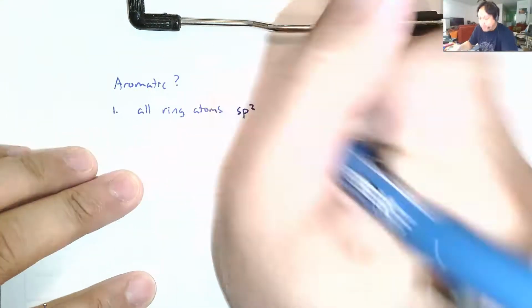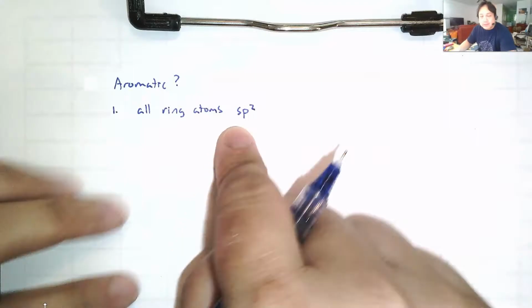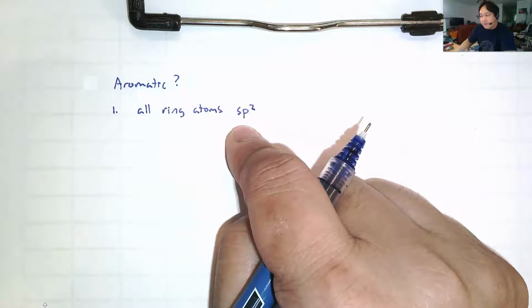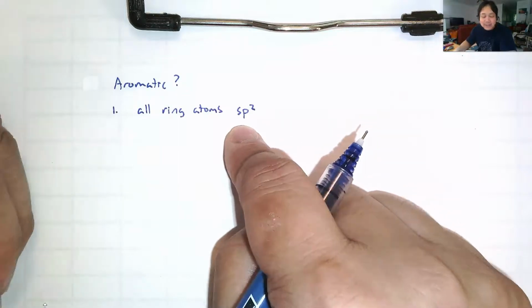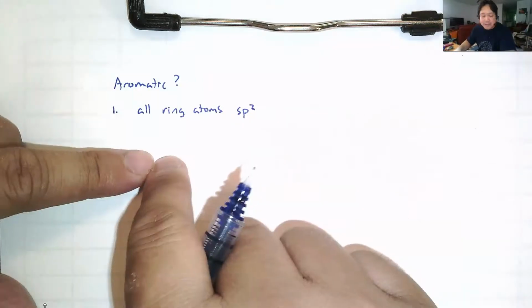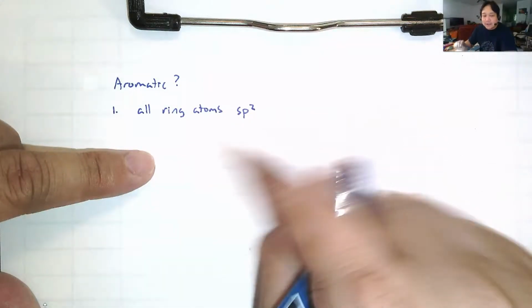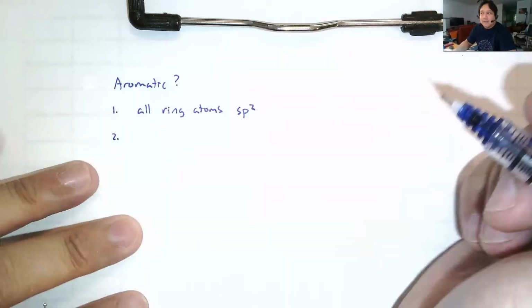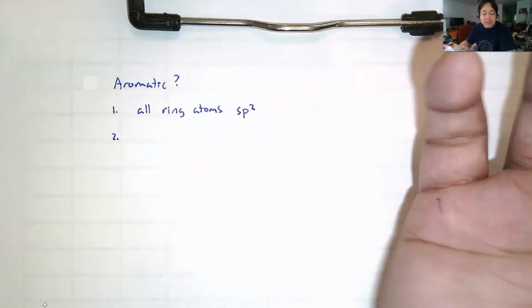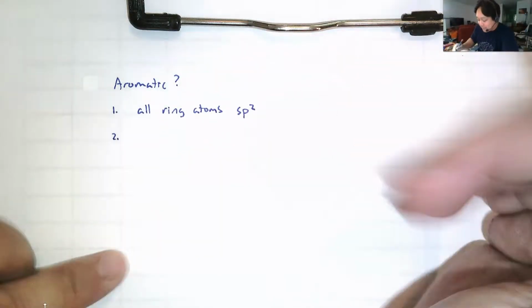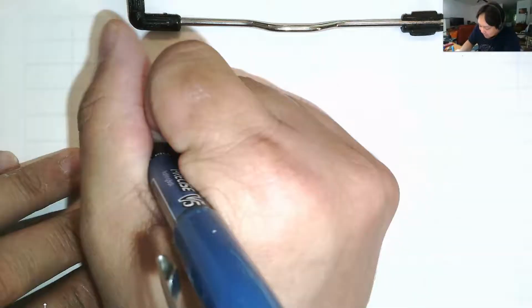All ring atoms are sp2. You know why that is, correct? Because now every atom has a p orbital, and we saw in a previous unit, conjugated dienes and polyenes, that if you have a line of sp2 carbons, those pi electrons can travel up and down the molecule. Okay. So that's a type of delocalization, okay? But that's not aromaticity, okay? Number 2, the molecule's flat.